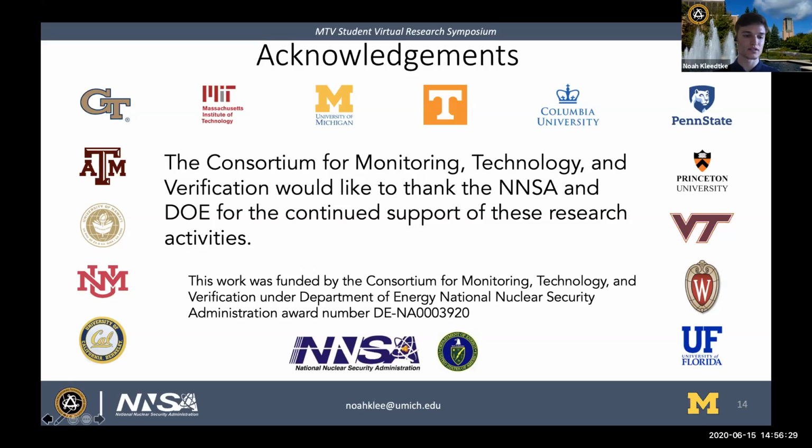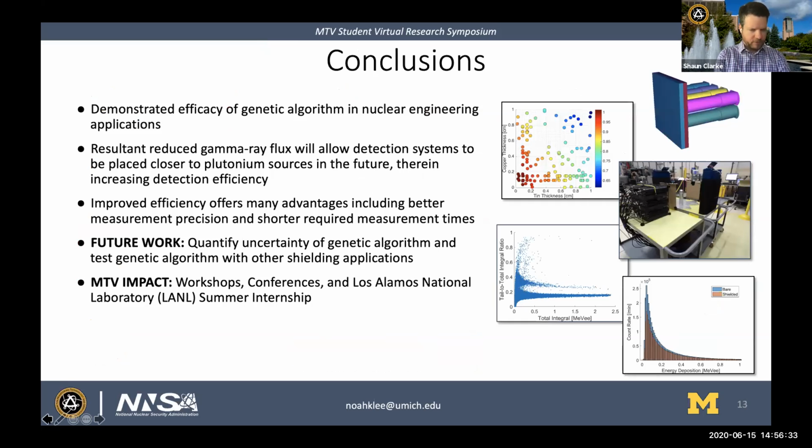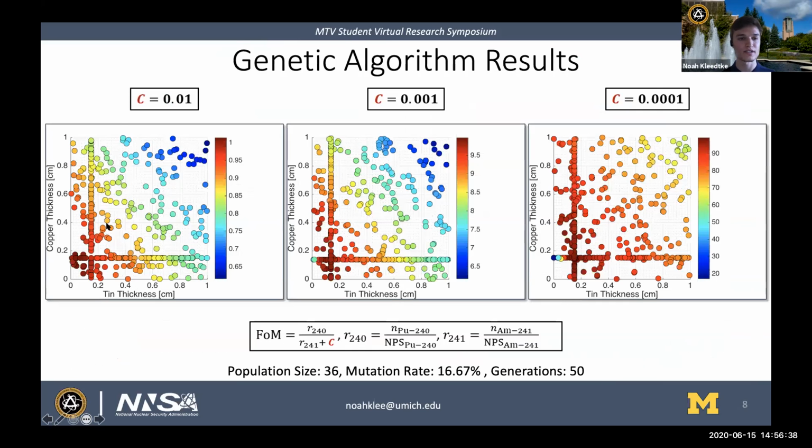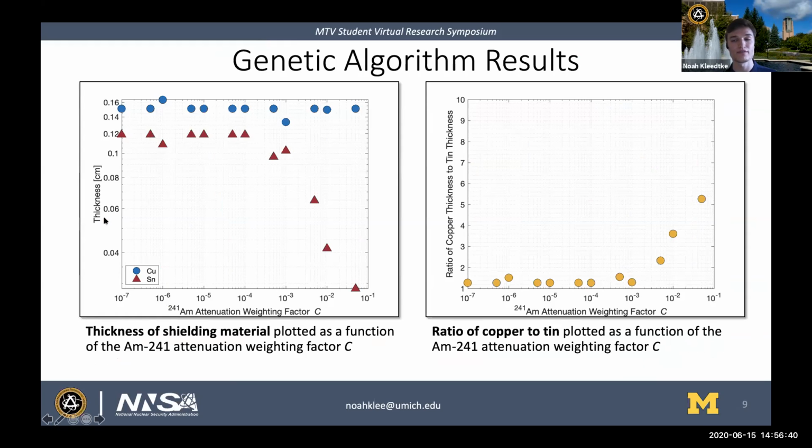What were the thicknesses there? Yeah, they were actually right around that 0.12 centimeters for tin and 0.15 for copper. I can't recall the exact thicknesses, but they weren't very far off from that ratio and those material thicknesses.